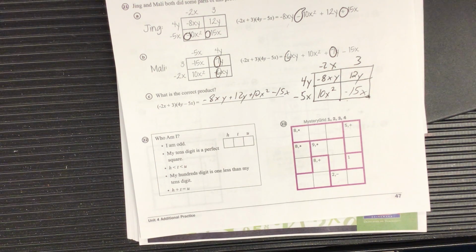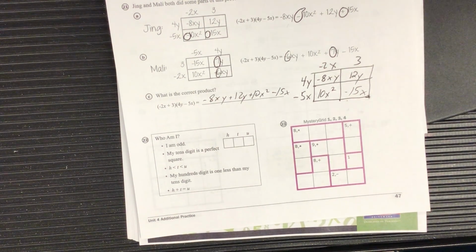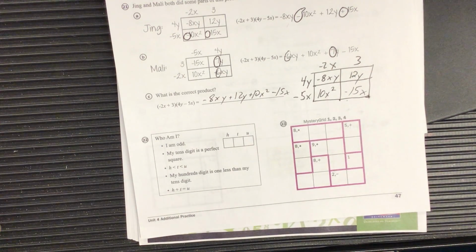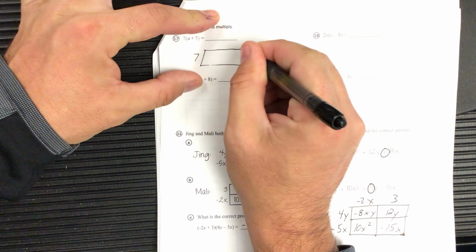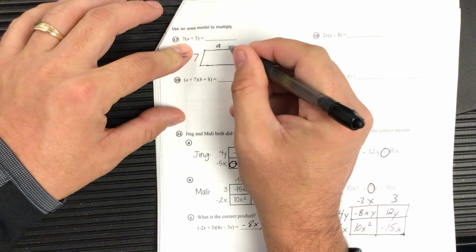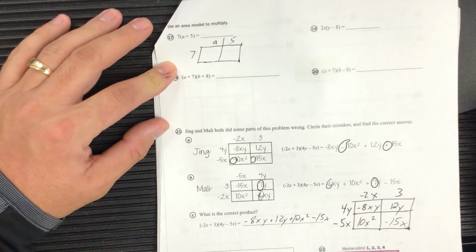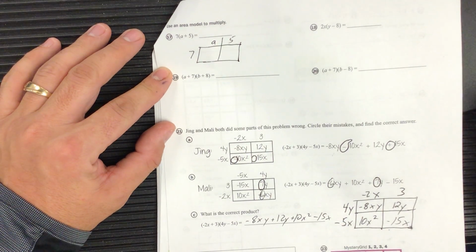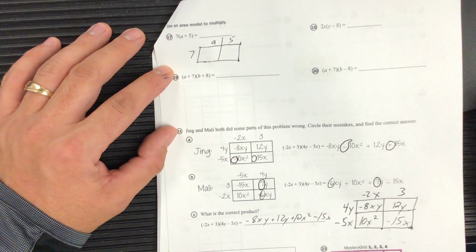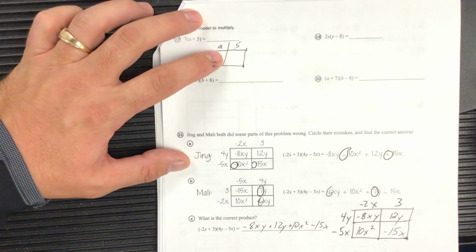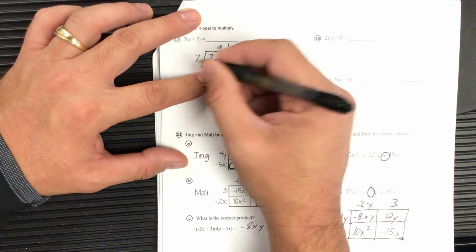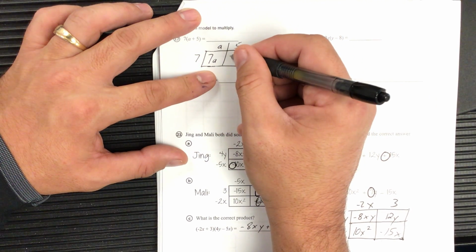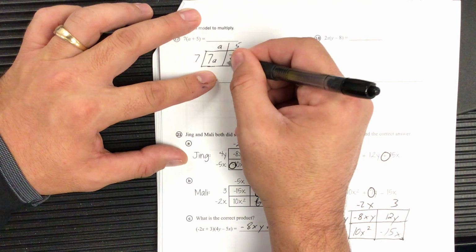Devin, you said you had trouble on the letters. Which one of those four would you like to go through? Number 17. I just couldn't figure out, there's a letter there, so I couldn't do the combination. So all you do is go A, and then the other one's 5. Then we fill out our chart: 7 times A is 7A, and 7 times 5 is 35.